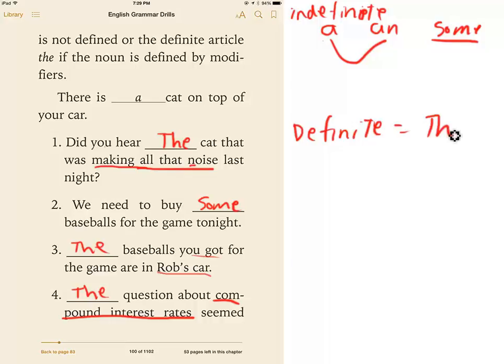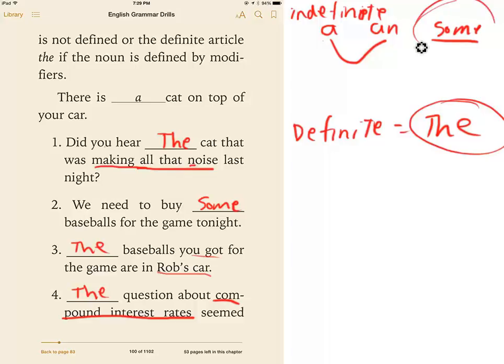You use it if you've already talked about something, or if you've modified a noun so they know exactly which one you're talking about. If it's new information or an unspecified noun, then you would use a or some.